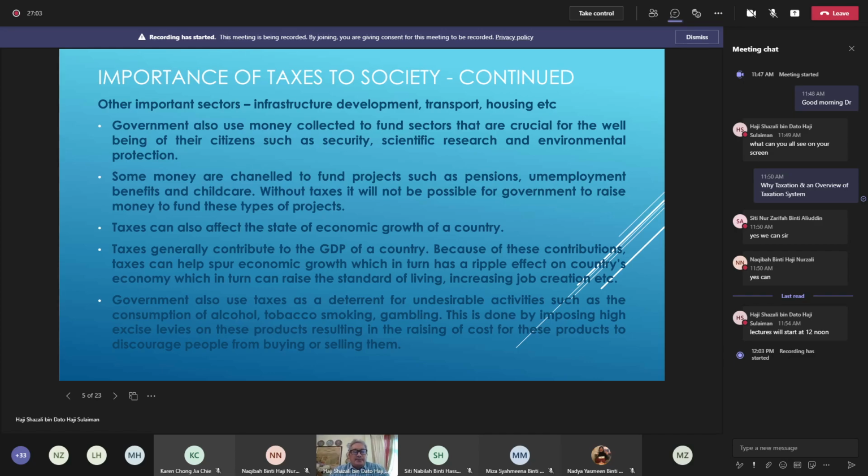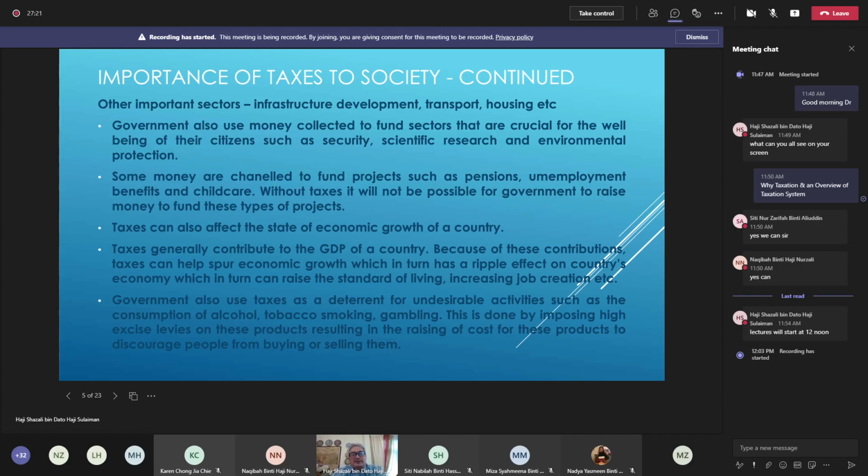And in the UK and a lot of countries, cigarettes and alcohol are quite highly taxed, and that is quite a good source of revenue, and the other one is obviously to deter people from smoking too much and from drinking too much.